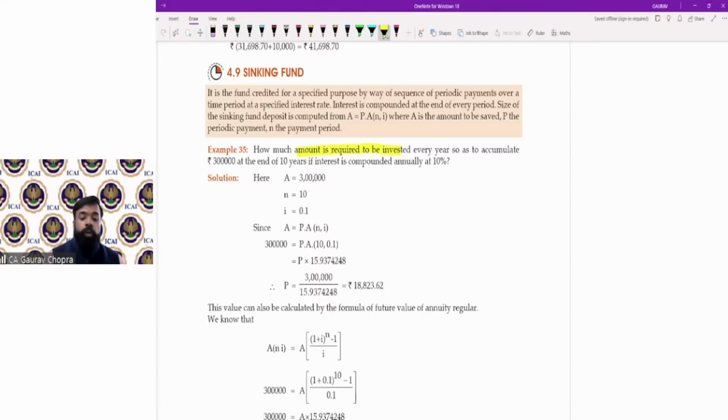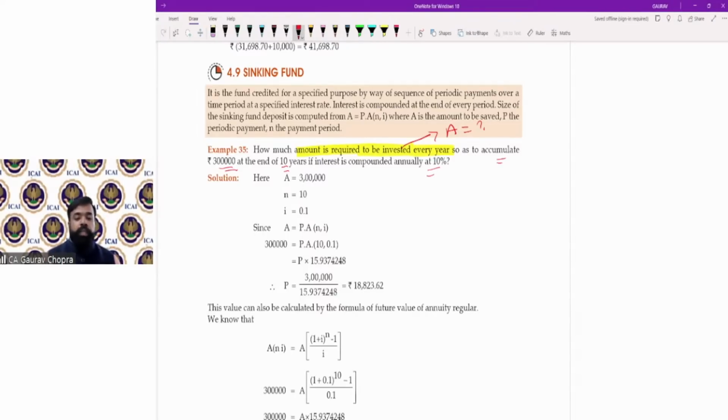How much amount is required to be invested every year? So annuity is required to accumulate 3 lakh. So this is the total value, the gross value at the end of 10 years, and interest is compounded at the rate of 10%.